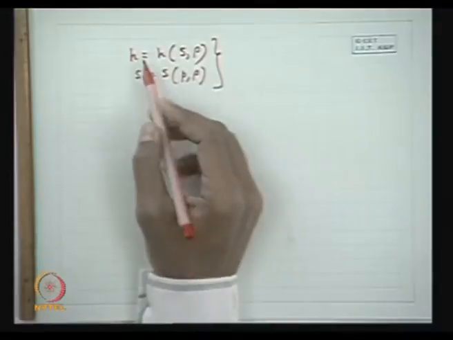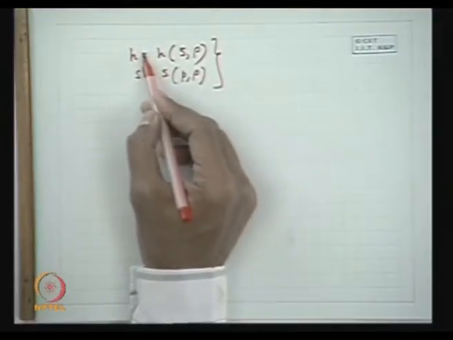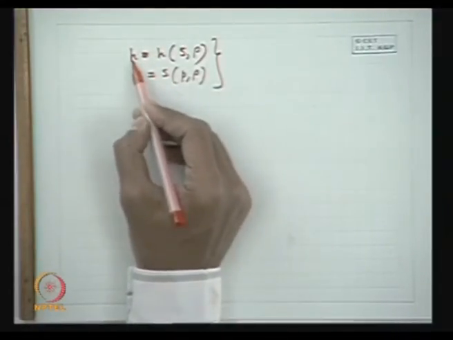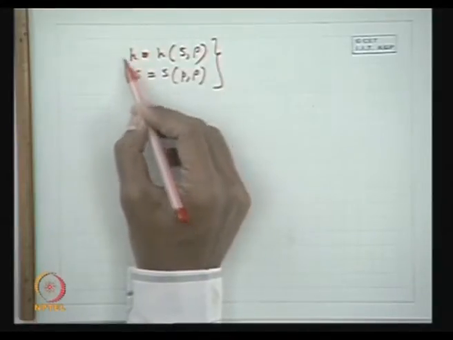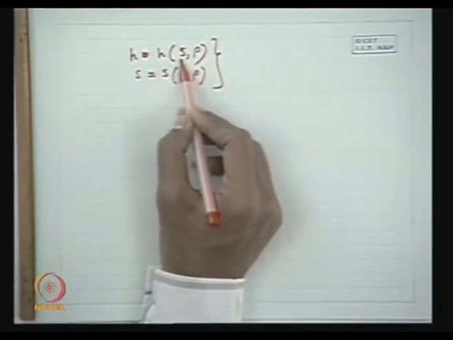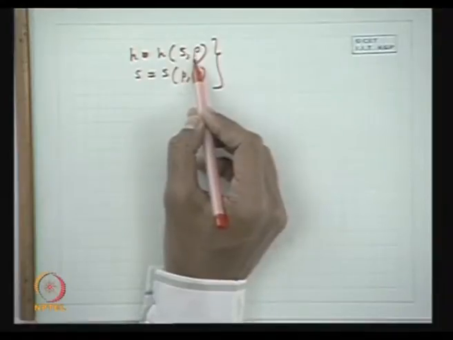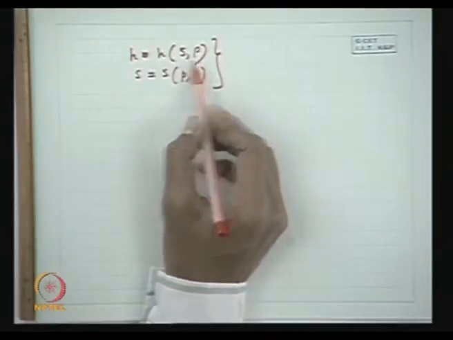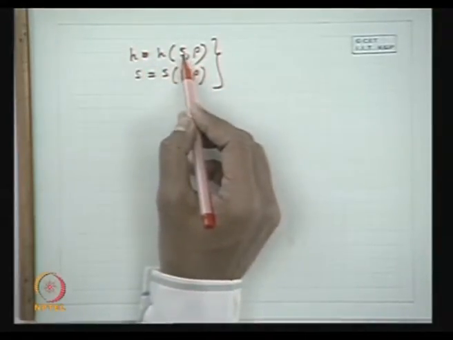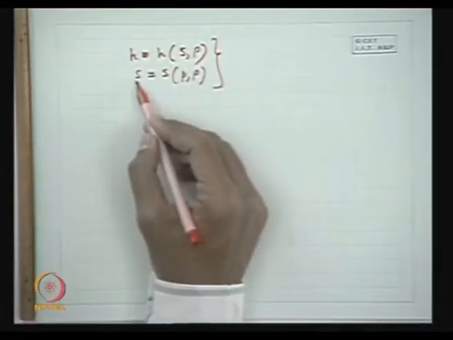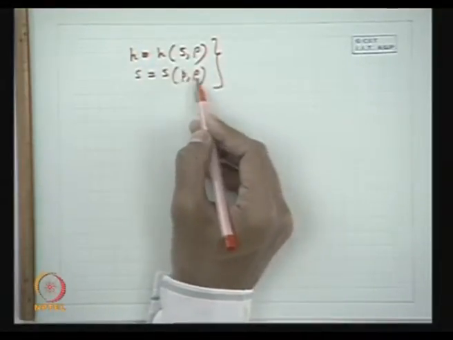As you know, for a one component, single phase flow, any of the thermodynamic properties can be expressed as a function of any two independent properties. So H can be expressed as a function of entropy and density, and entropy can be expressed as a function of pressure and density.